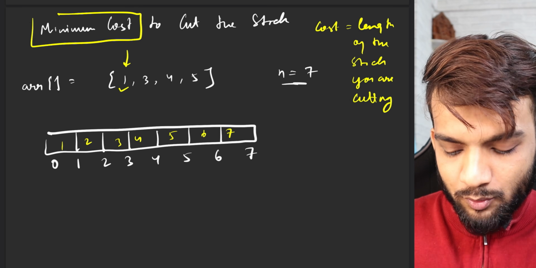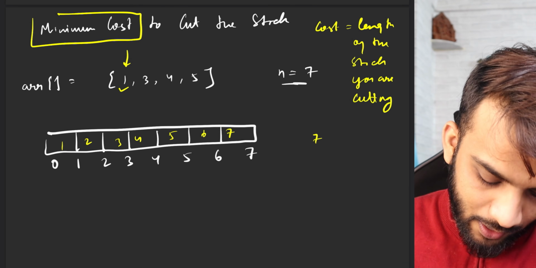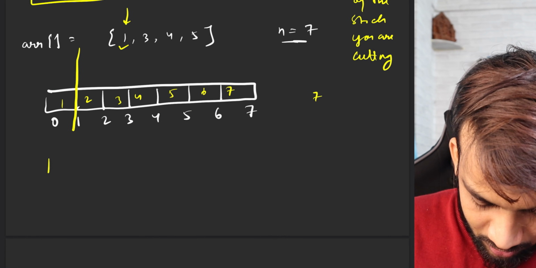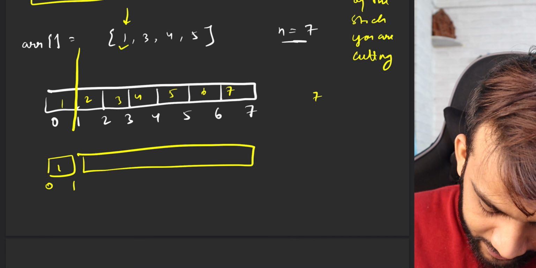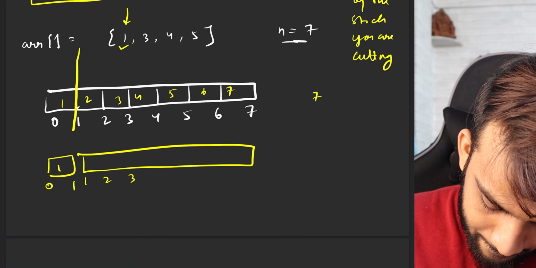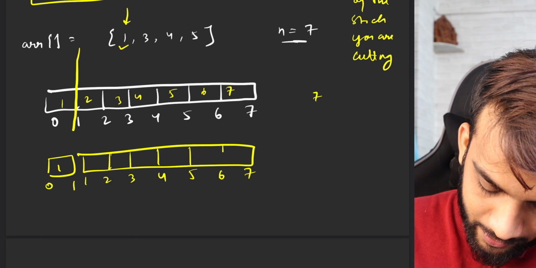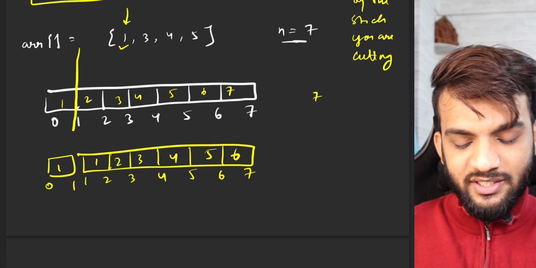So if I decide to cut at 1, the initial length is 7, so the cost is 7. Cutting at 1, I will have a stick of length 1, and I also have a stick of length 6.